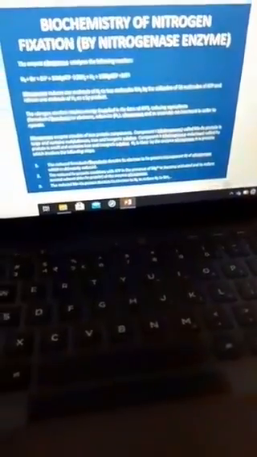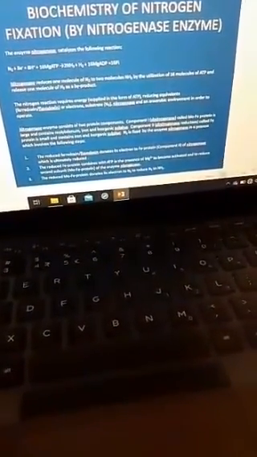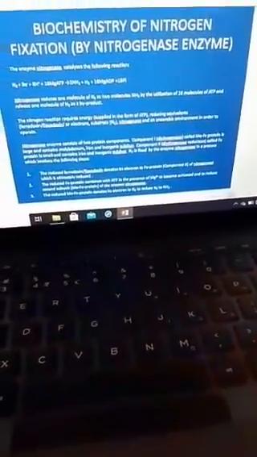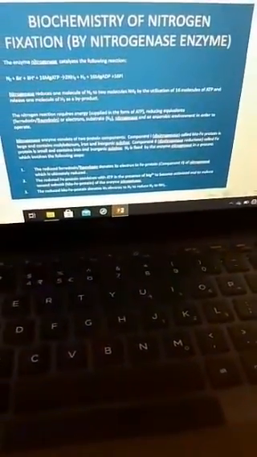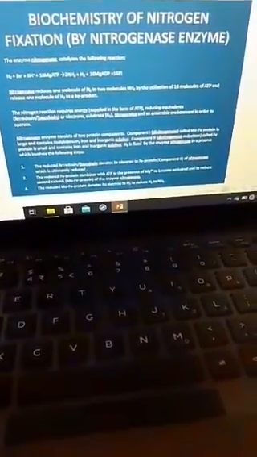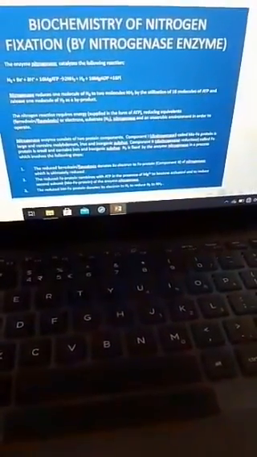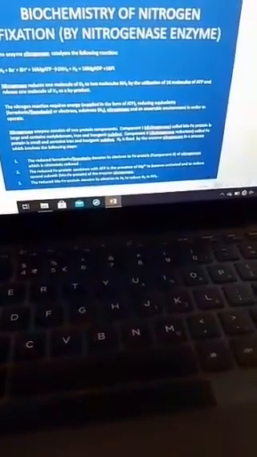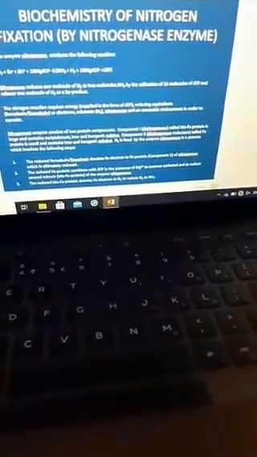Like I said, the enzyme does not need high concentrations of oxygen. It is sensitive to a high concentration of oxygen, and therefore a lower level of oxygen is required for the enzyme to be able to fix nitrogen. The N2 gas must be there. It is the substrate.